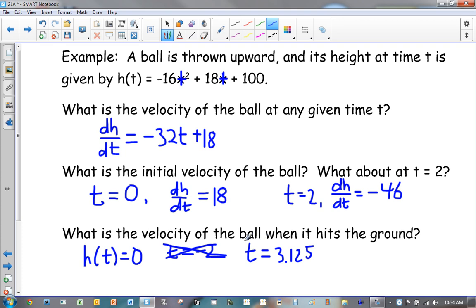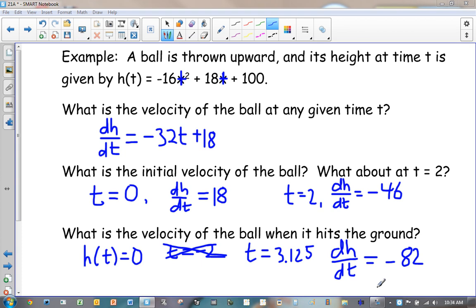And I get -82. So this one was a little trickier because I wasn't given the time explicitly. I had to figure out when that was. Okay, so when it hits the ground, it's at a velocity of -82.